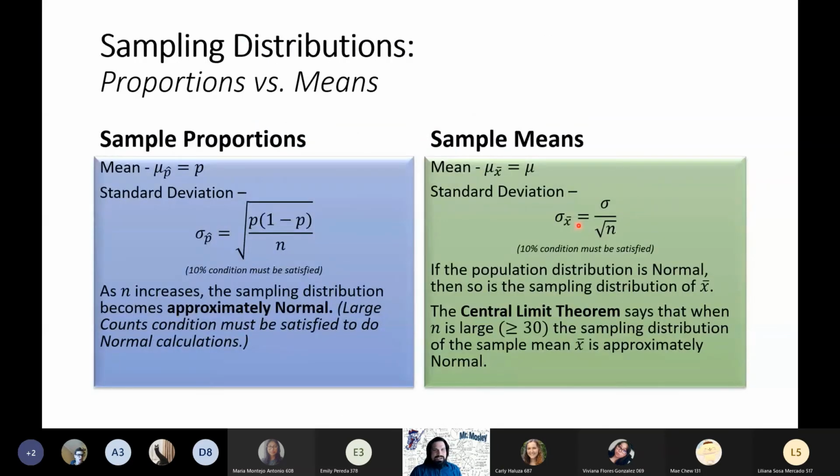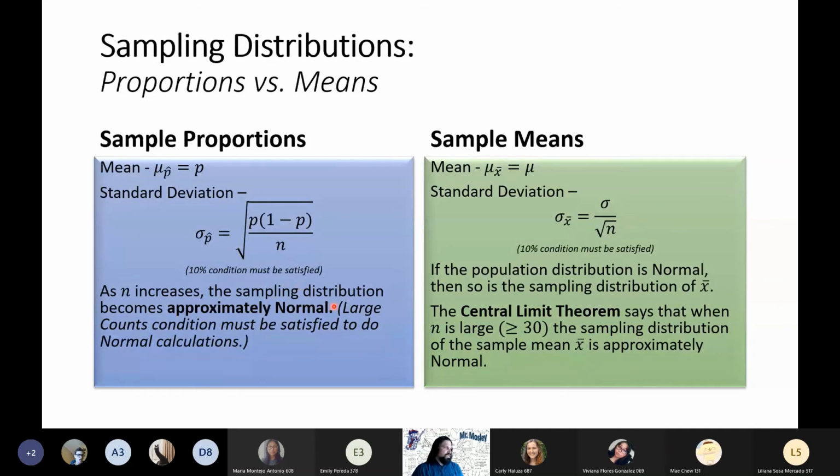So then, a side-by-side comparison: sampling distributions, proportions versus means. For sample proportions, the mean of the sampling distribution for the sample proportion is equal to the population proportion of interest. The standard deviation of a sampling distribution of sample proportions is equal to the square root of the population proportion times 1 minus the population proportion, divided by the sample size n, as long as the 10% condition is satisfied.